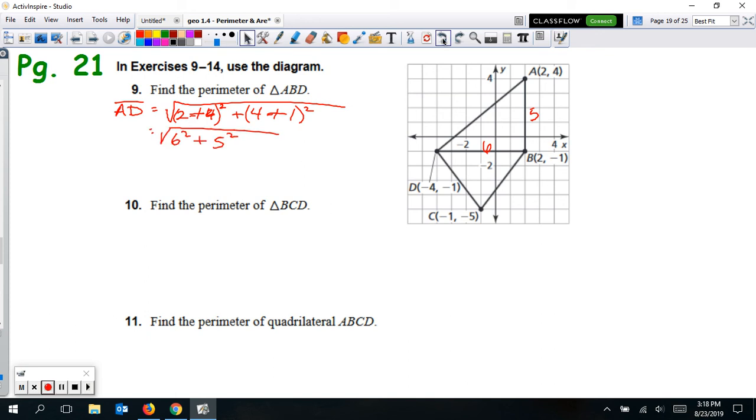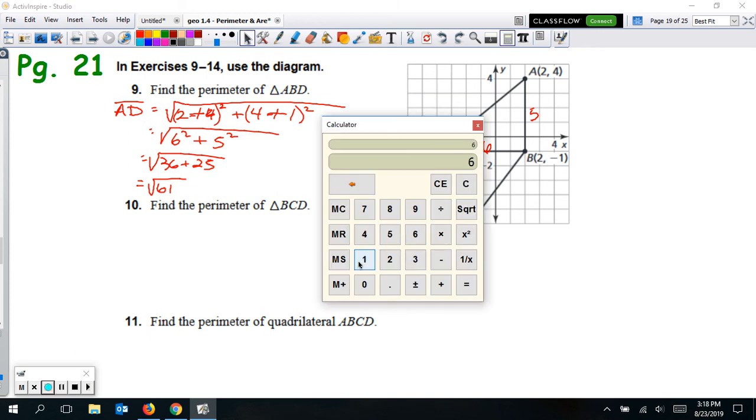So 6 squared and 5 squared gives you 36 and 25. The square root of 36 plus 25, we are going to add those together, and we'll get 61. So the square root of 61, we want to now round this to a number. If we go to 61, hit the square root button, 7.81, again default to 2 decimal places.